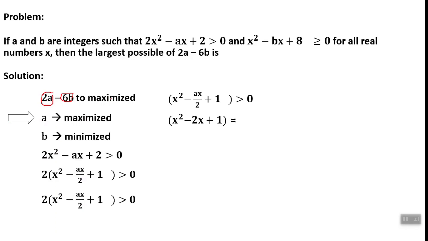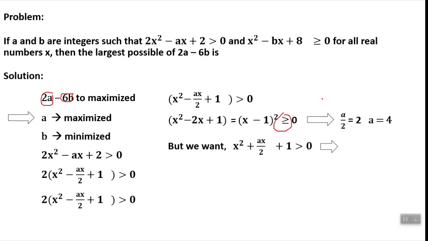Then the left hand side will become x squared minus 2x plus 1, and I know that this can be greater than or equal to 0. That means a by 2 is equal to 2 for this expression to be equal to 0. But we are not interested in the equal to part, and therefore a by 2 cannot be 2 or a cannot be 4. So the highest value of a that we can get is 3.